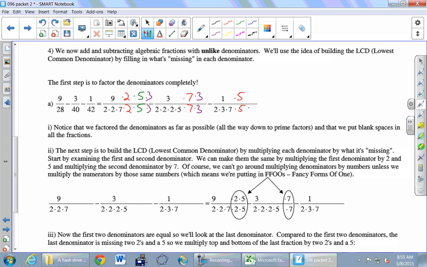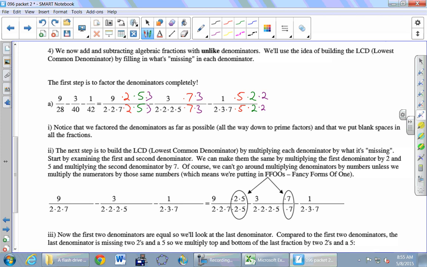And it's missing how many 2's? 2 2's. So give this second guy 2 2's. And there's a lot of numbers floating around here, but if we just look very carefully, hopefully we'll see that the denominators match. I think they do.